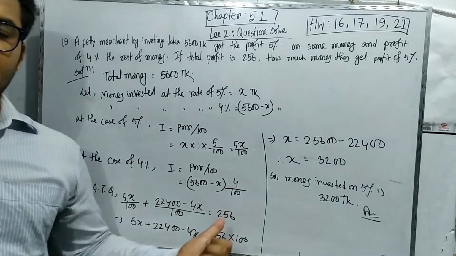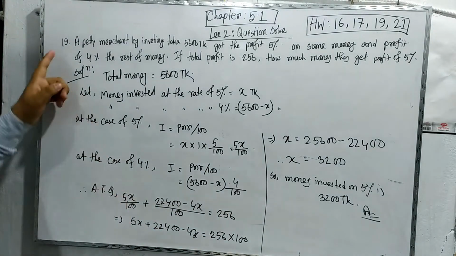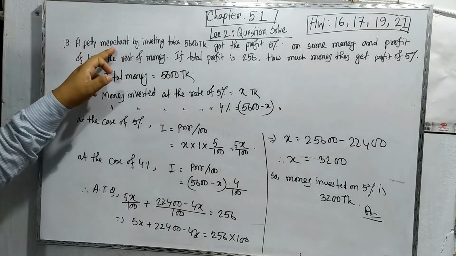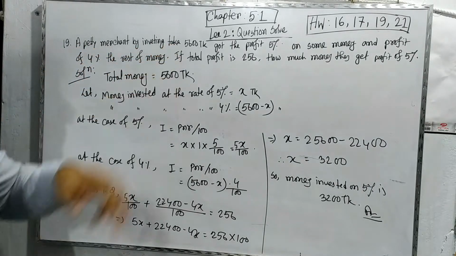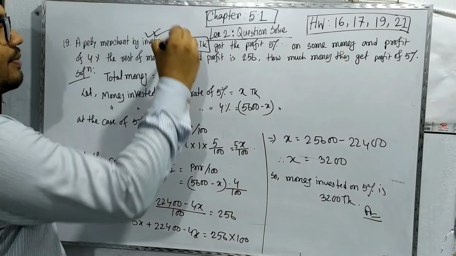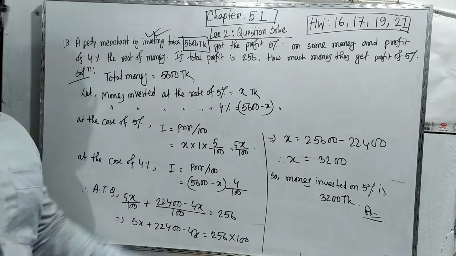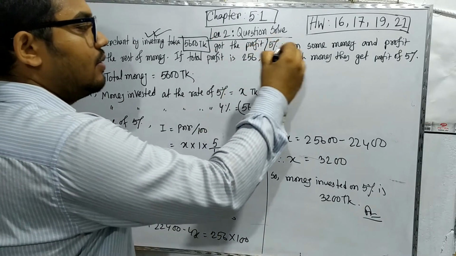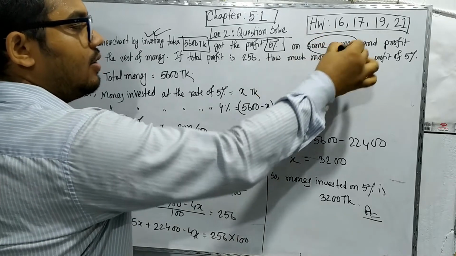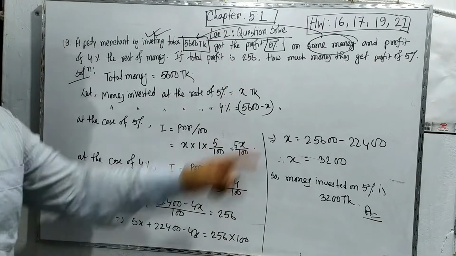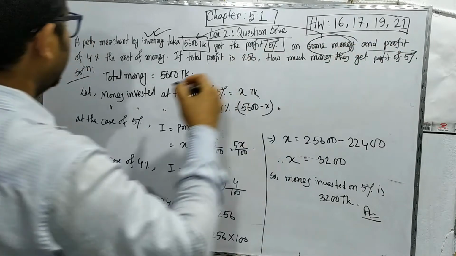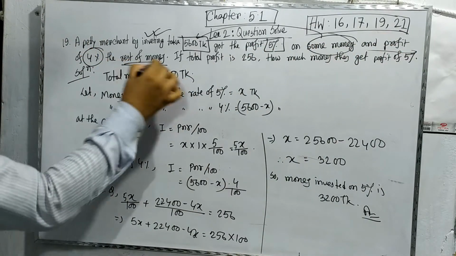Here this is our third question, question number 19. This question says a petty merchant, by investing 560 taka, this is our invested money, got a profit of 5% on some part of this money, and a profit of 4% on the rest of the money.